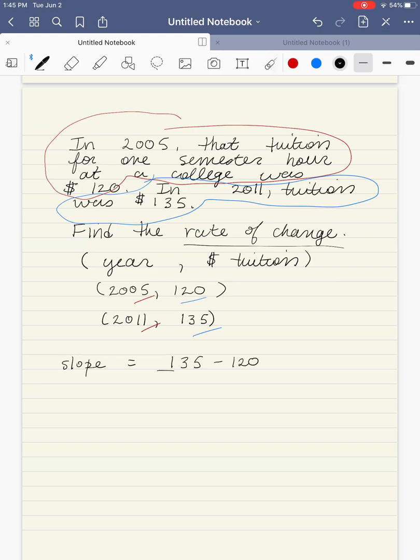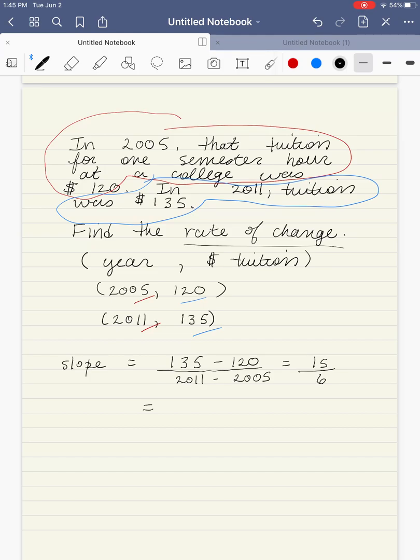So I have my change in my y's, 135 minus 120, over 2011 minus 2005. So I have 15, 35 minus 20 is 15, over 11 minus 5 is 6.